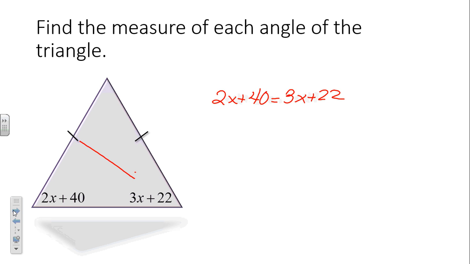That means that the angles opposite those sides have to be congruent. So we set them equal. And then we solve. So Vinny, how are we going to solve this? So take away 22 from both sides. And when we do that, we get 18.